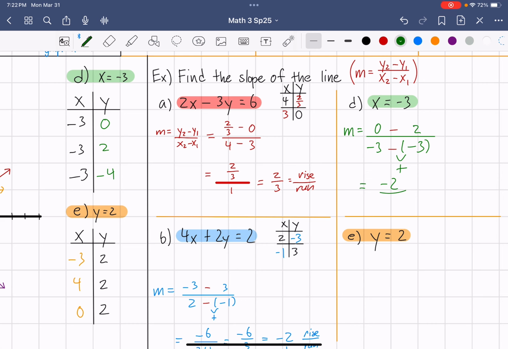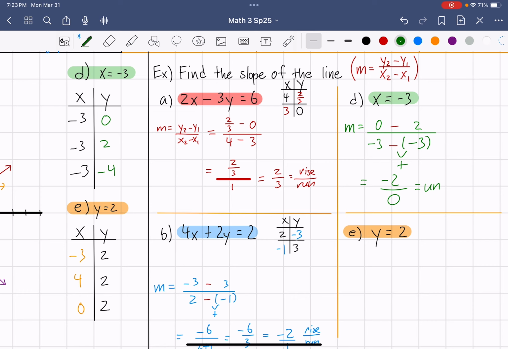But then you're going to have negative 3 plus 3, and that's going to give you 0. And that causes a problem, because dividing by 0 does not follow the definition of division. So hence, this slope is undefined.